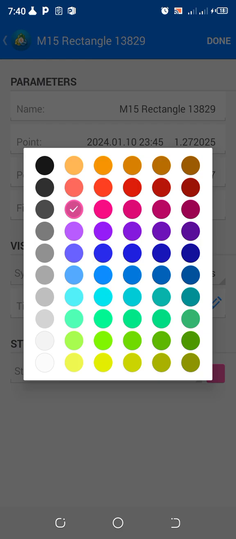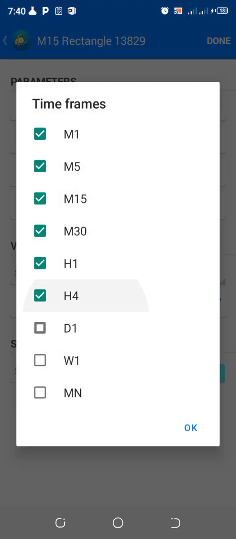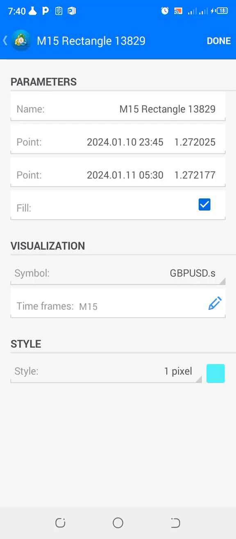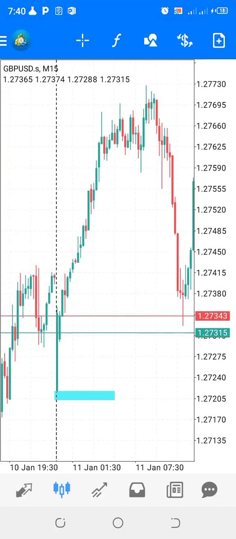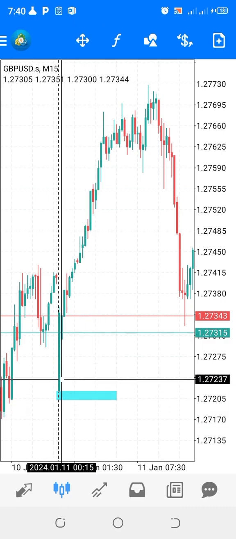So if there is no clear low, then you mark the opening price of the candle that started the impulse. If the candle made a low, then you mark the low of the candle that started the impulse, and then set it to reflect on only the time frame of observation, and that is what I have just done. So now we have the first level marked, and that level is called the impulse start level.